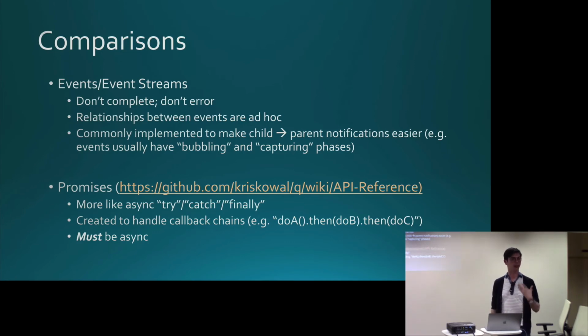And similarly with the compositional model that I was just showing you, where I can chain things together or translate between things, there isn't a built-in way with any standard implementation of events to do that. You kind of just have to do that on your own, using the callbacks, wrapping them in functions, getting them to be more similar to observables in order to just do the thing you're trying to do that observables kind of provide for you out of the box.